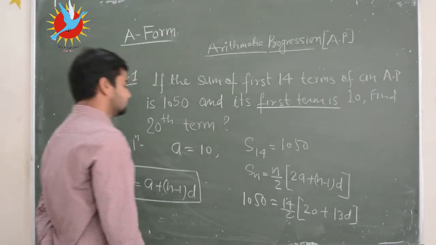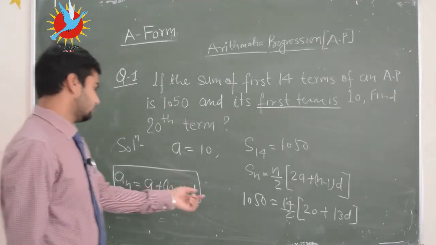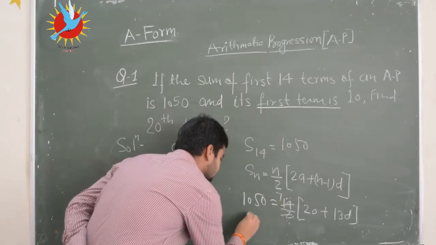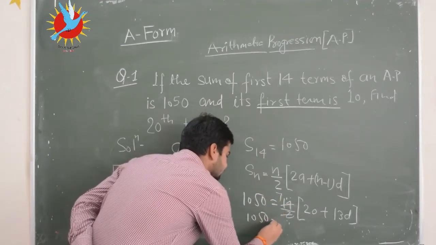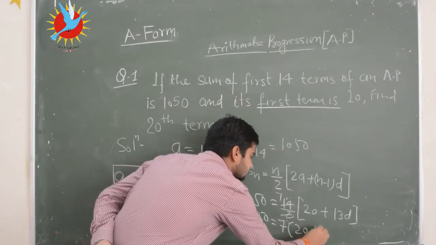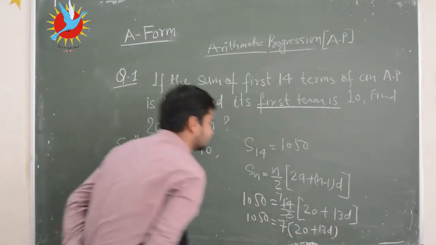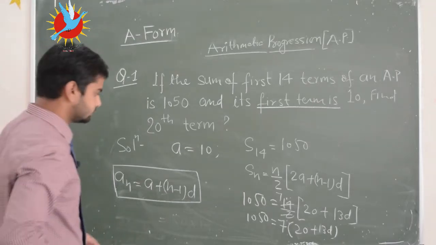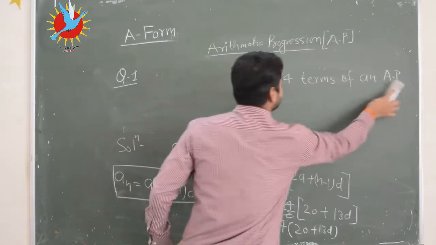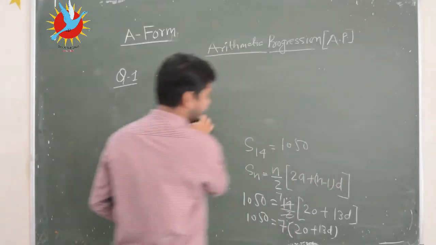So this will be 1050 equal to 14 by 2, that is 7. So 1050 equal to 7 into (20 plus 13d). Okay, so next we have to solve this equation to get the value of d.